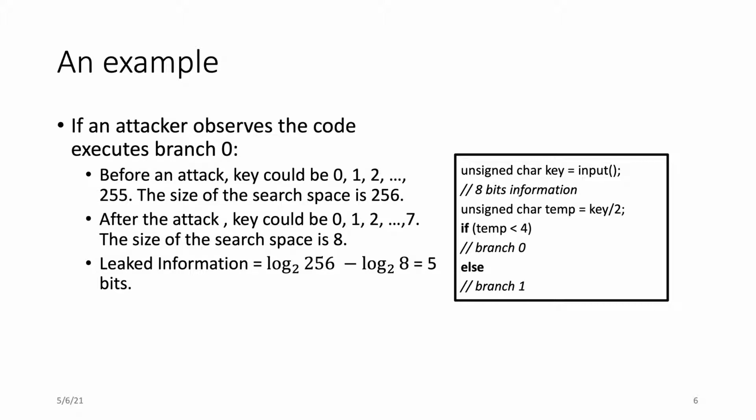If an attacker observes the code execute branch 0, then the remaining key could be any value between 0 and 7, and the remaining search space is 8. The information leakage is equal to the size of the initial search space minus the remaining search space. In this example, the observation can leak 5 bits of the original secret information.